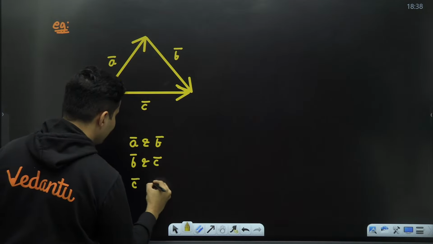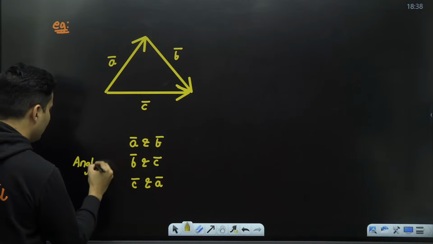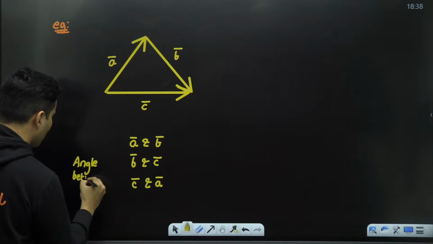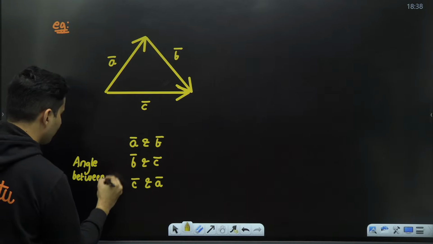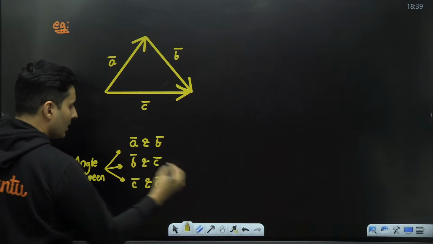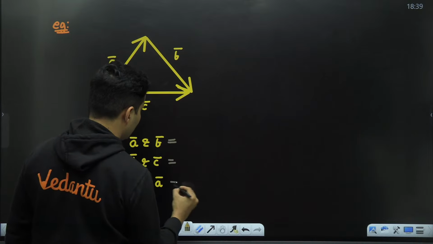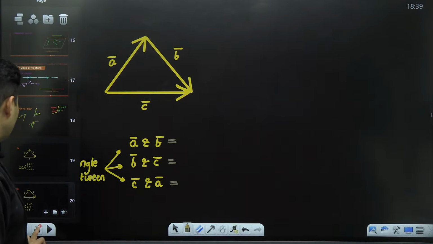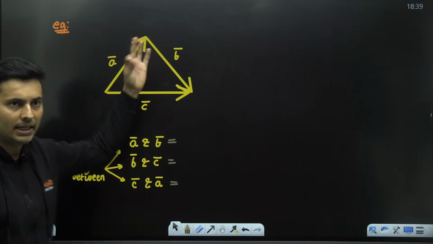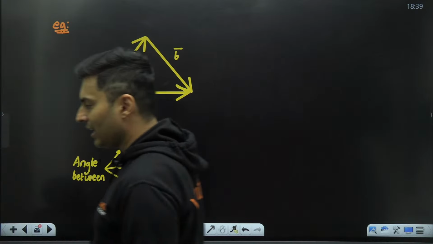What is the angle between C bar and A bar? Come on, think about it and give me the answer. Quickly think in the chat box and answer it. What is the angle between A and B, B and C, and A and C?